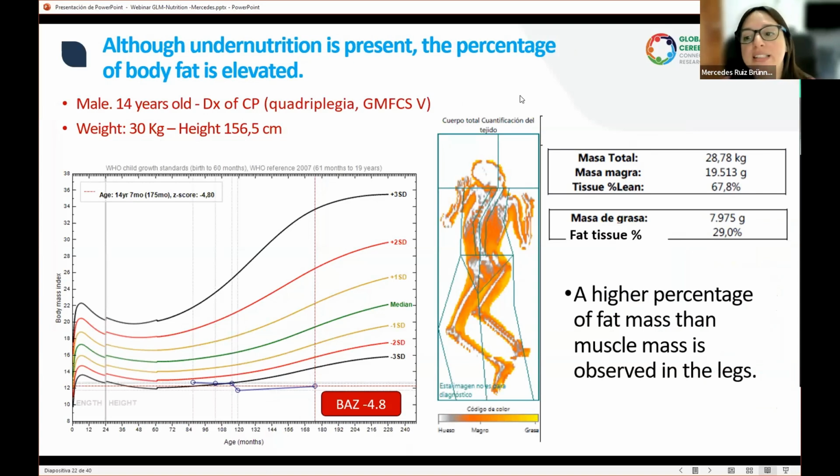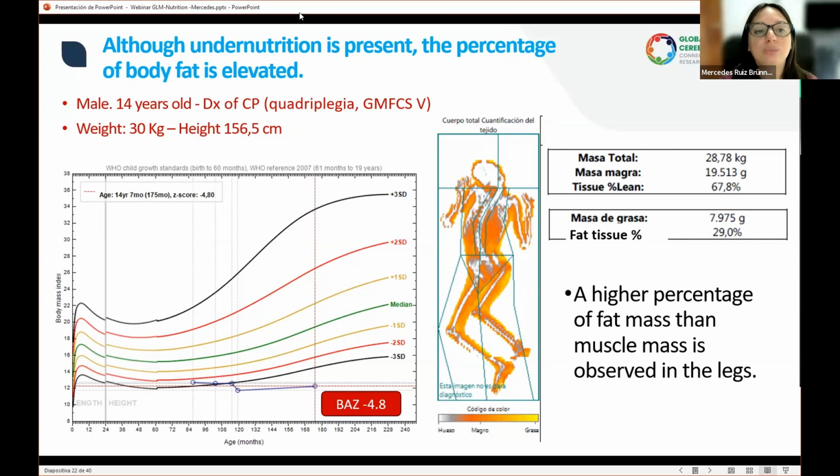For example, this child has a body mass index Z-score for age of -4, and he has chronic undernutrition, and still the body fat tissue is around 29%, and it should be around 19%. So it's a higher percentage, also a higher percentage in the legs.